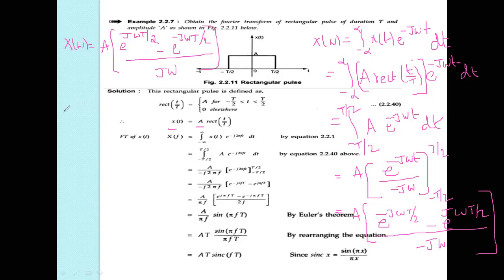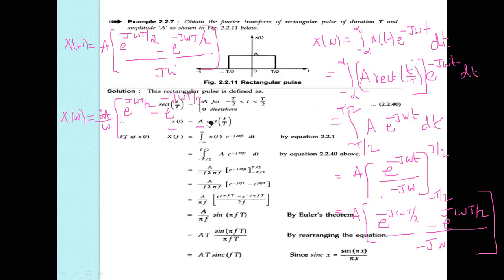Now X of omega is equal to, I am multiplying and dividing with 2, my dear students, 2A by omega, whole multiplied with the numerator e power j omega T by 2 minus e power minus j omega T by 2.